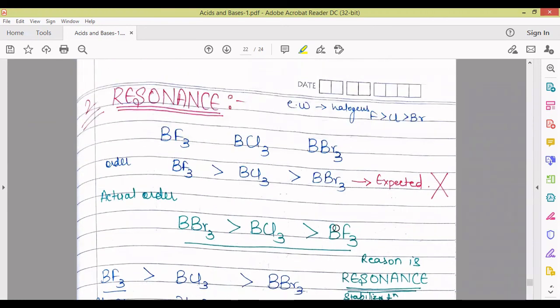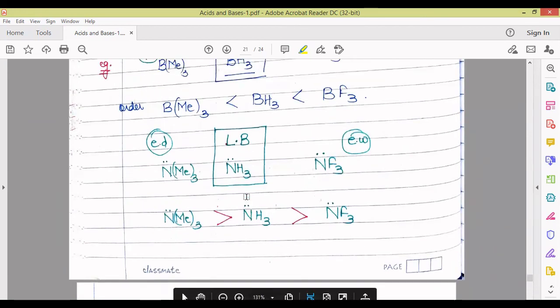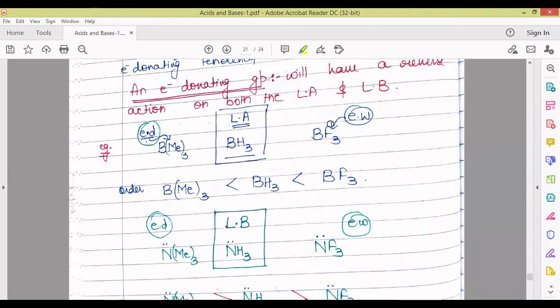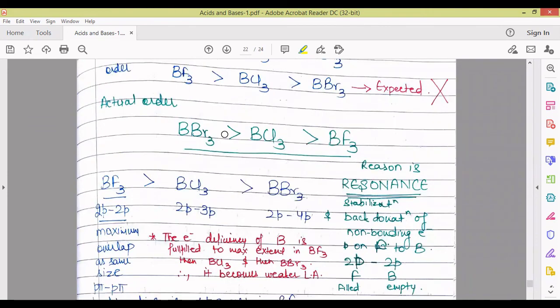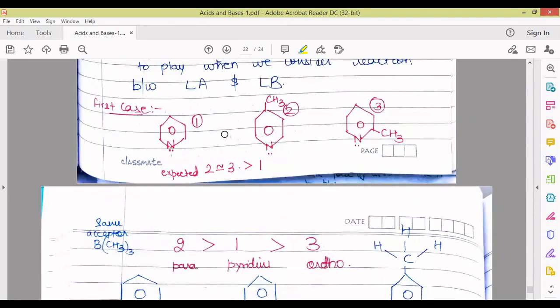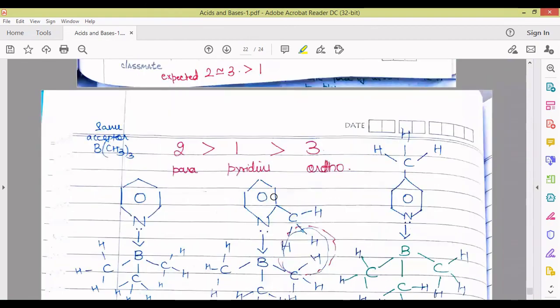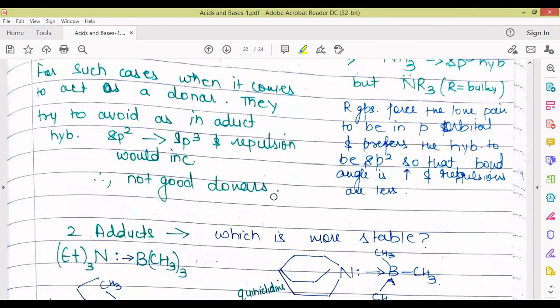You can be asked questions directly like these cases: which is the better base, write the trend of Lewis acidic character, what is the trend of Lewis basic character, what is B strain, what is front strain. You can be asked about which has better Lewis basic character. So all the examples which we have discussed are very important from the examination point of view.